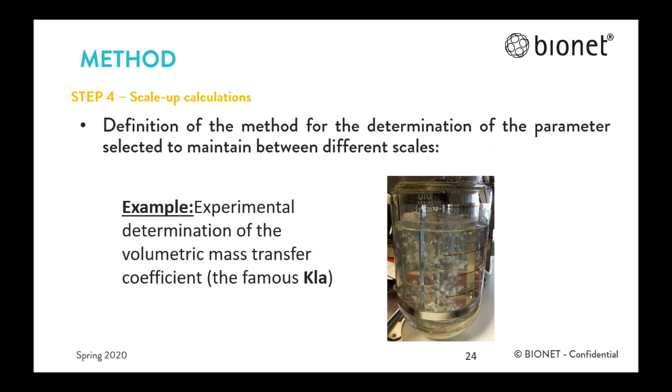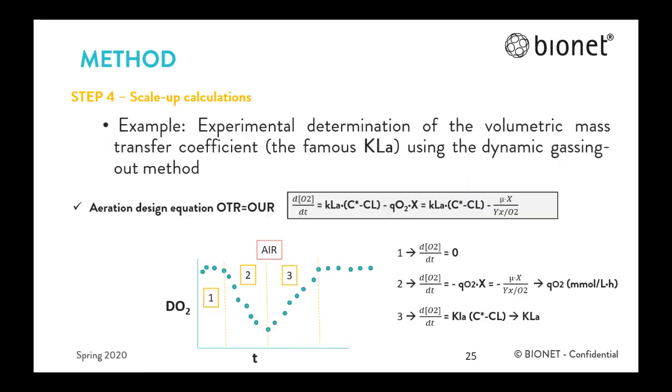For example, the experimental determination of the volumetric mass transfer coefficient, the famous KLA. The determination of KLA in bioreactors is essential to establish aeration efficiency and to quantify the effects of the operating variables on the provision of dissolved oxygen.